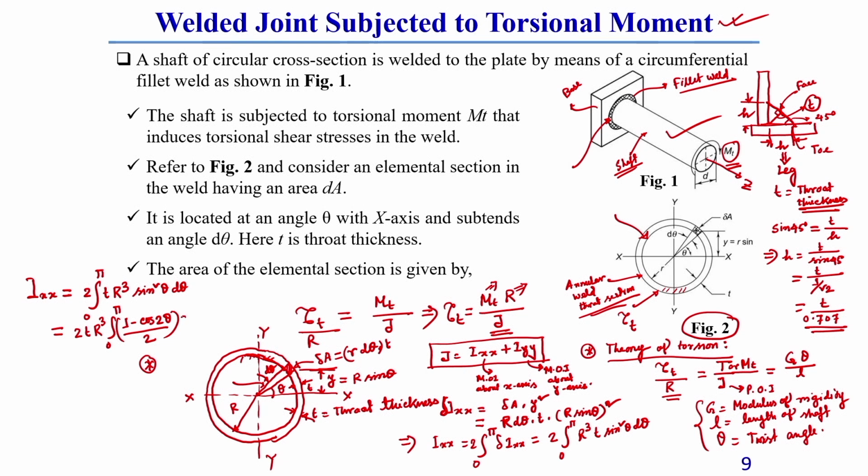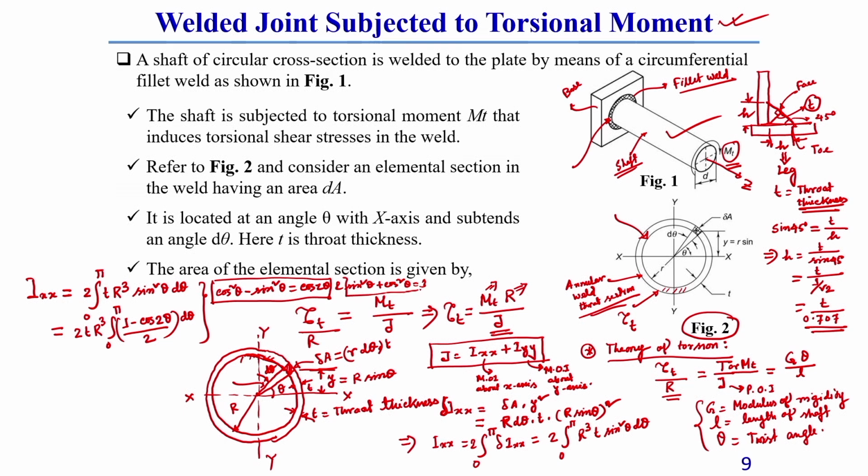This is very well known to you. How it is coming, that also I am showing, because I am not skipping a single step, otherwise you will face problems. You know cos square theta minus sin square theta is equal to cos 2 theta, and sin square theta plus cos square theta equal to 1.